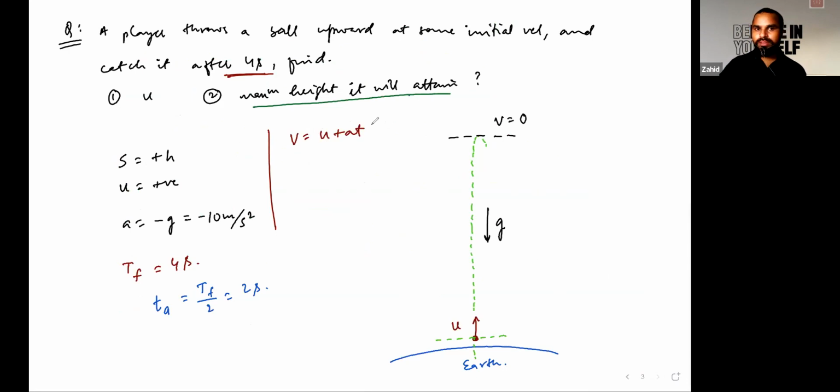Either you use time, or the second equation of motion, or the third equation of motion, you will be able to calculate height. Just use the second equation of motion. In place of s, use h is equal to ut, and acceleration will be minus g, so minus half g t square. As we have u and t and g, on putting all these values, we will be able to calculate height. Okay.